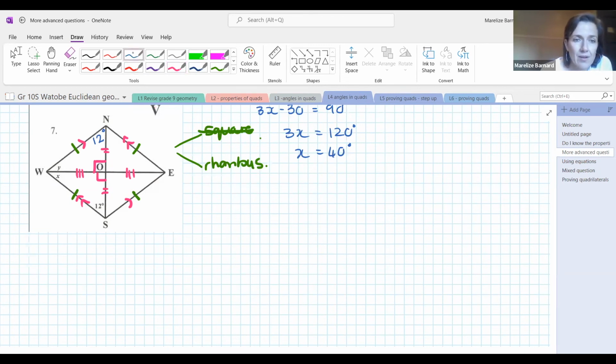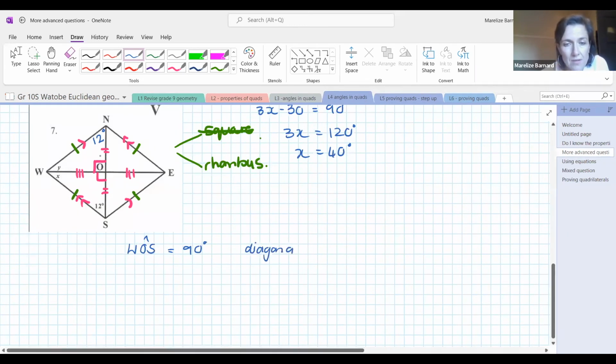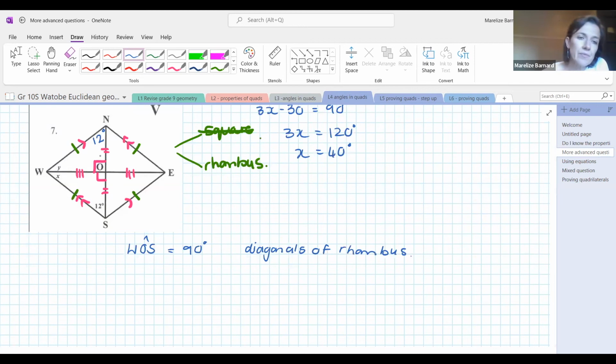Okay, so let's start there. Let's say that WOS is 90 degrees. Why do we say that? Because the diagonals of a rhombus bisect at 90 degrees.